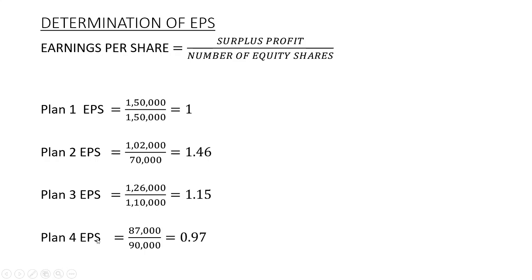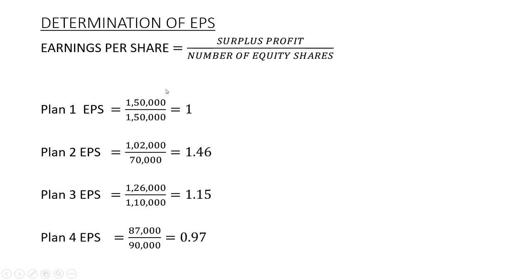Plan 4 EPS is equal to 87,000 divided by 90,000 equity shares, which is equal to 0.97. Out of these four plans, in case of plan 2, we have the highest EPS. So if we are asked to recommend which plan is better, you can recommend that plan 2 is better because it has got the highest earnings per share.